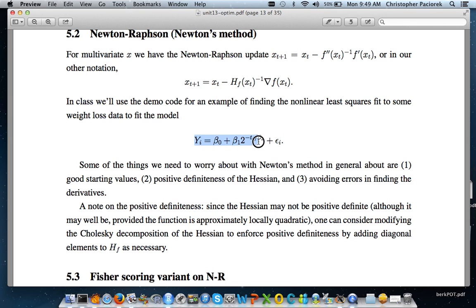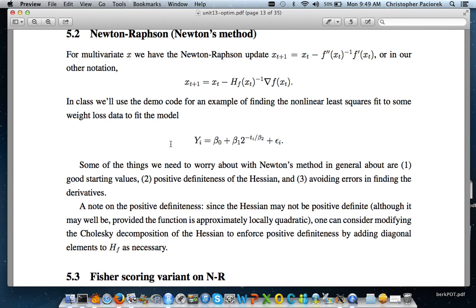Okay, so let's actually see an example of doing this. I'm going to do this with a least squares problem, and I'm going to use this both to illustrate Newton-Raphson in multiple dimensions, but also to talk about finding starting values and give a little bit of intuition for some of the ways that people will sometimes think about finding starting values. So this is basically a nonlinear least squares problem. Assume that these errors are normal, or that we're willing to assume that they're close enough to normal that the objective function we want to optimize with respect to is just a sum of squares criterion.